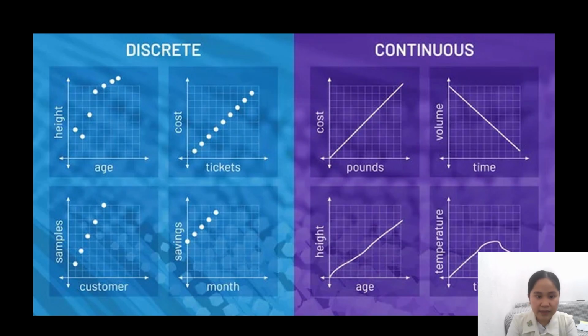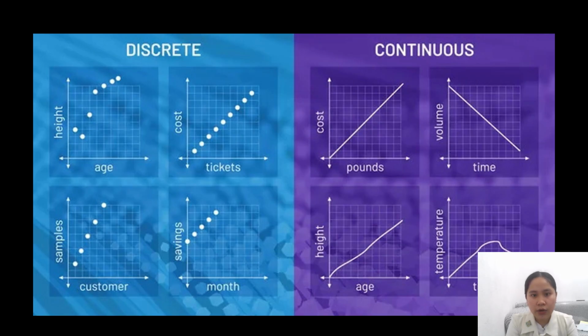Nakikita naman natin. So, sa bawat dots na to, may gaps where you are able to count the values. Unlike sa continuous, wala siyang gaps, dire-diretso siya. It shows the values are measurable and can take any real numbers, shown with continuous lines.